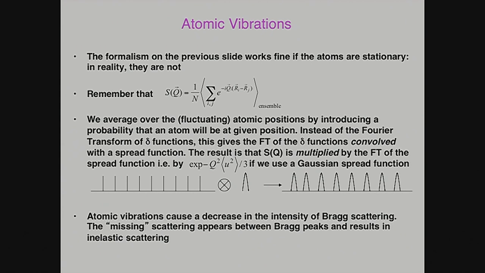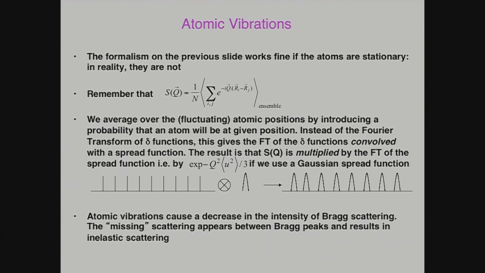In other words, I get the same scattering as I got from a frozen lattice, but I have to multiply it by some Gaussian envelope, which is a measure of the width of the vibrational distribution of each of the atoms when they're vibrating around their official positions. That's the meaning of this U squared average here. That's the mean squared displacement of the atom from its official position.